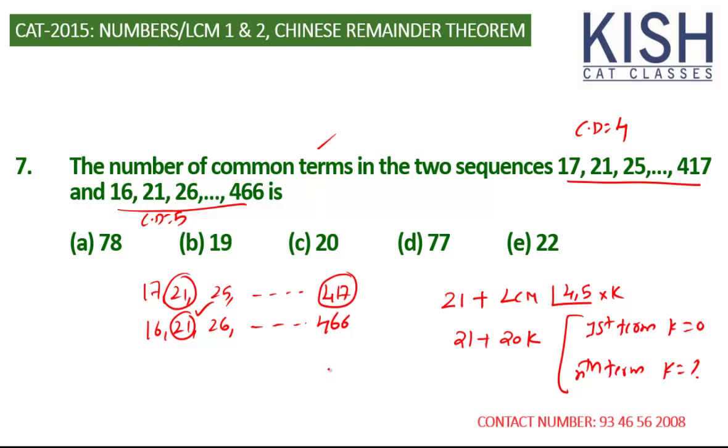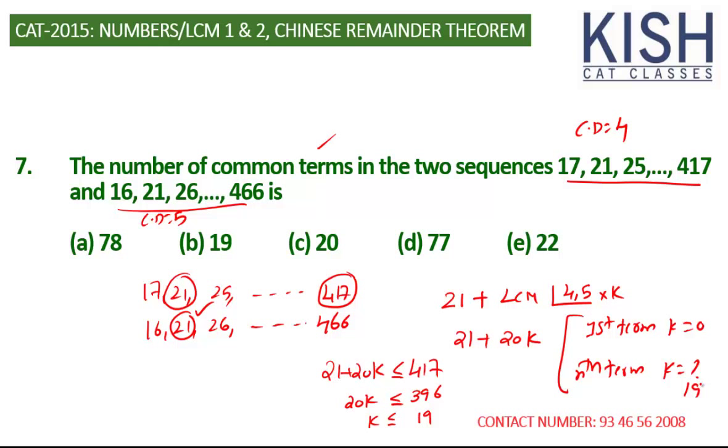Then we can say 21 plus 20K is less than or equal to 417, so 20K is less than or equal to 396. So K can take a maximum value of 19. But K is starting from 0 to 19, so do not simply say that it's 19 terms actually.